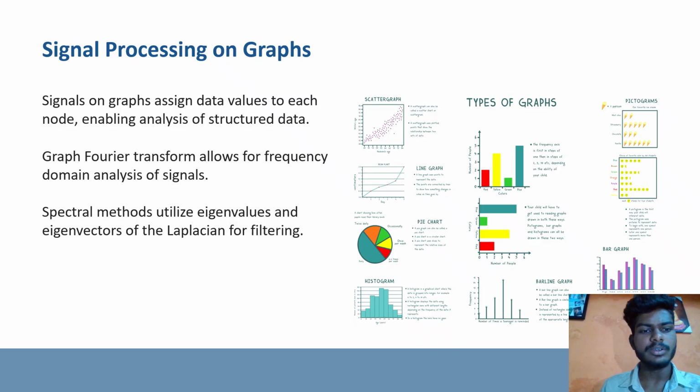The graph Fourier transform allows for frequency domain analysis of signals. Spectral methods utilize eigenvalues and eigenvectors of the graph Laplacian.